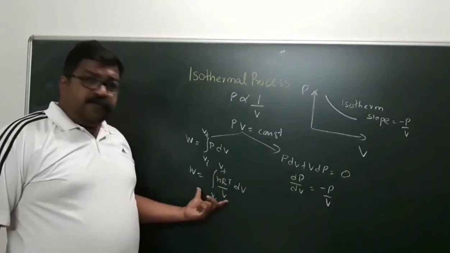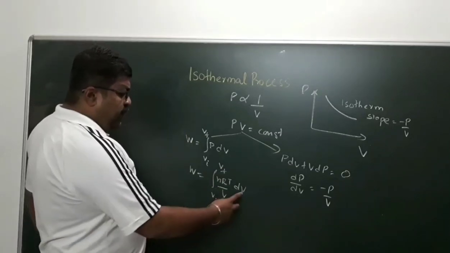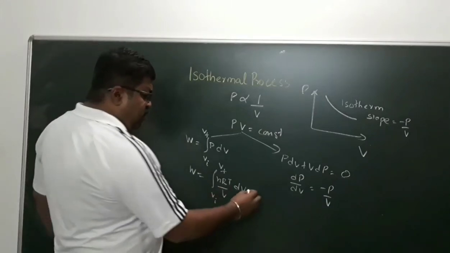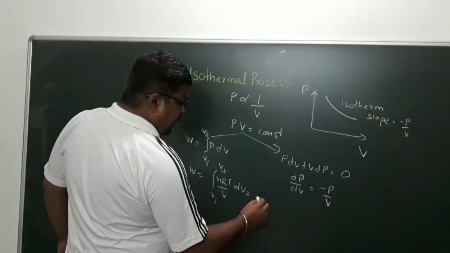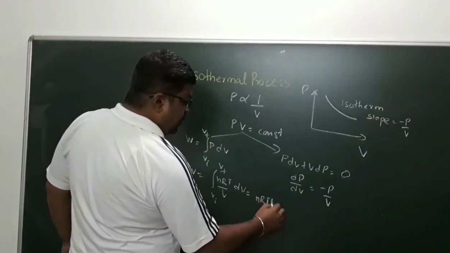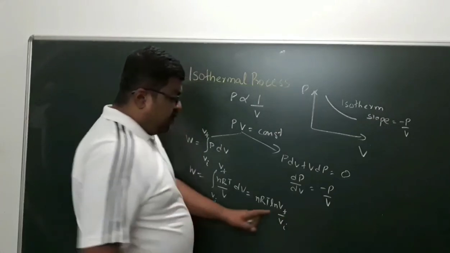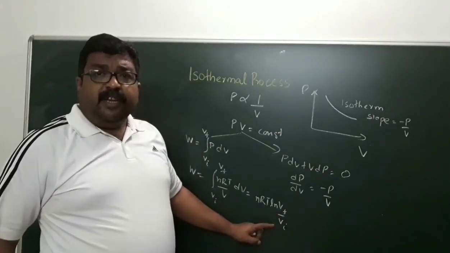So this can be solved. The integration of dV by V is ln V. So this can be written as nRT ln Vf by Vi, final volume by initial volume.